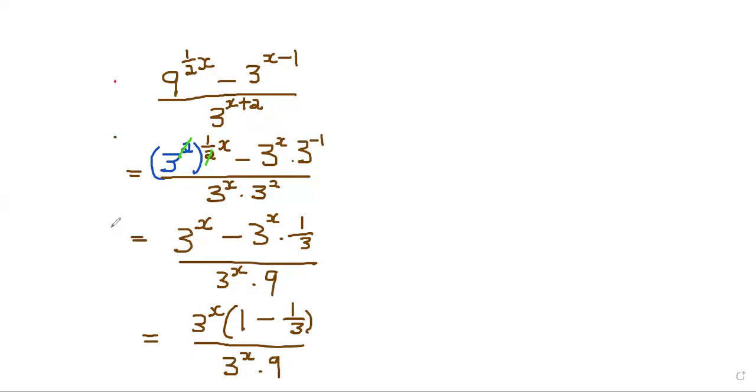So the next step is very important. You realize that this 3 to the exponent of x cancels 3 to the exponent of x. What are you going to be left with? So let me write it here. You'll be left with 1 minus 1 over 3 divided by 9.